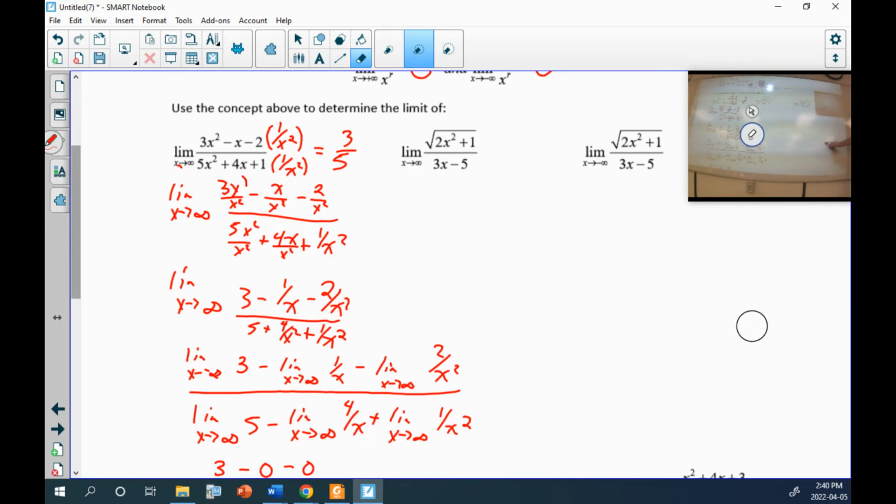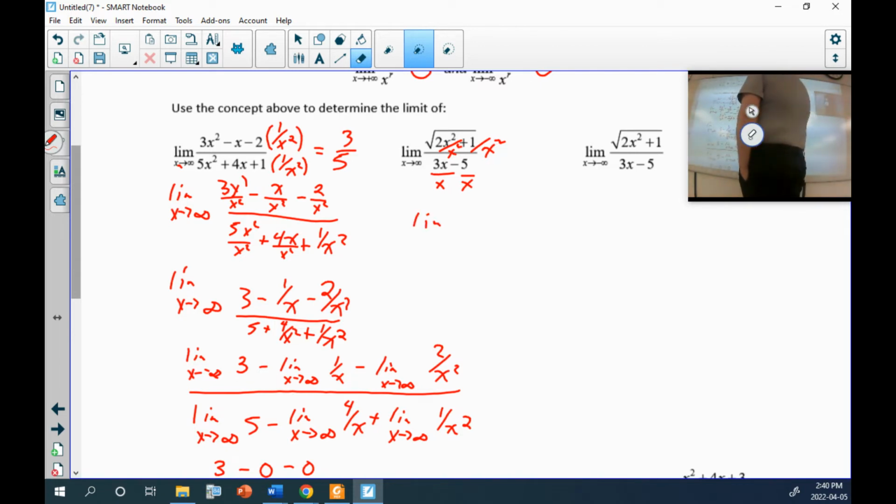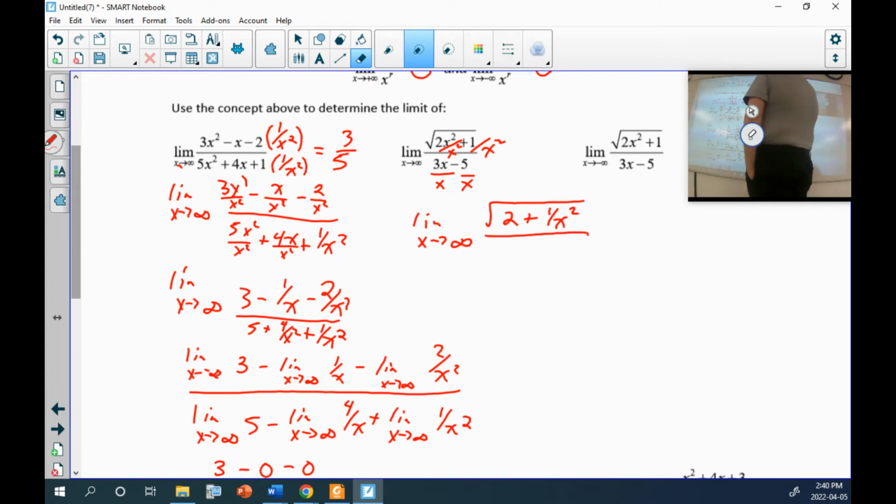Now, what I'm going to do here is divide every term on the top by x squared, because the square root of x squared is x, and I'm going to divide every term down here by x. So now I end up with the limit as x approaches infinity of the square root of 2 plus 1 over x squared, over 3 minus 5 over x.